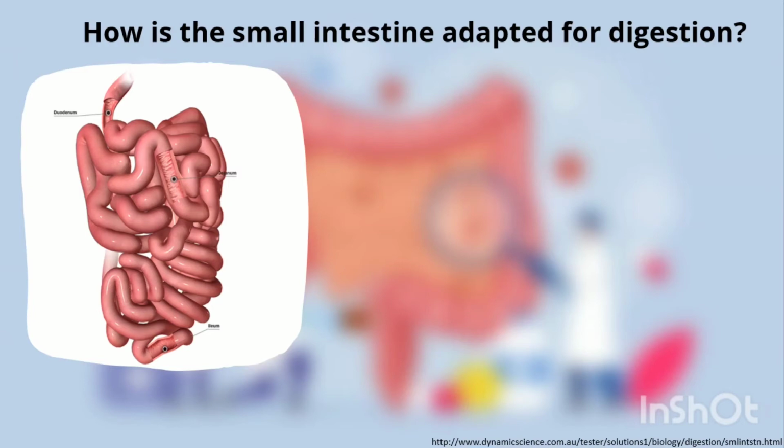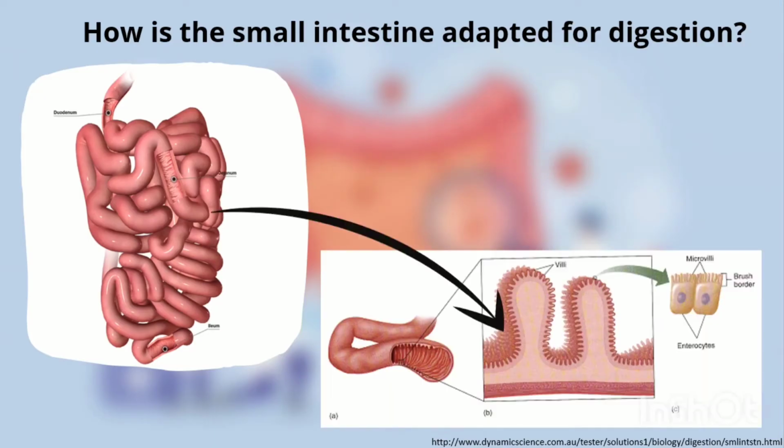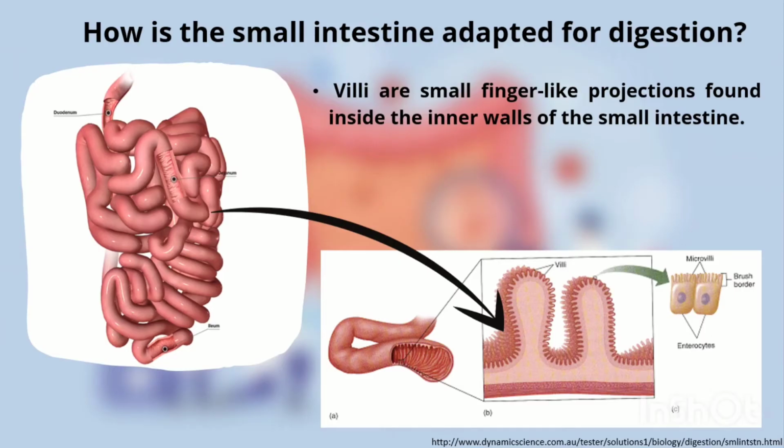How is the small intestine adapted for digestion? The small intestines are well adapted for absorbing nutrients during digestion by being very long, having villi and microvilli that increase surface area, using muscular contractions to move and mix food, and receiving and housing digestive enzymes and bile that help the breakdown of food.